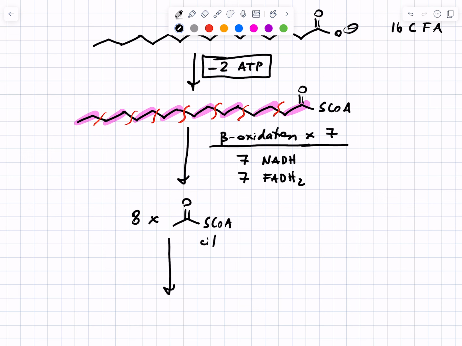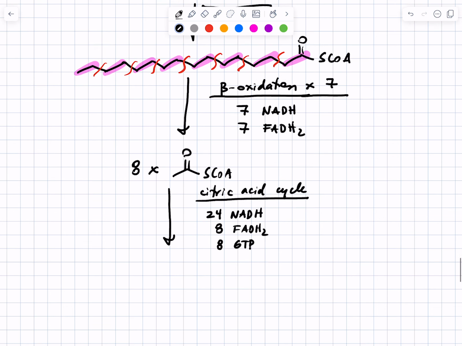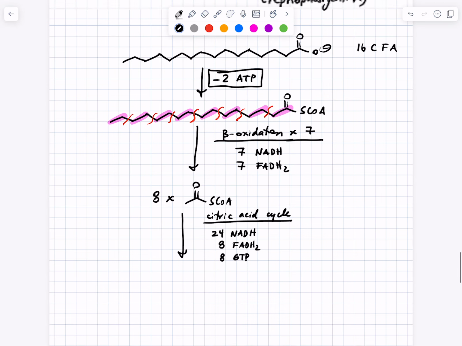Then, in the citric acid cycle, as you learned, each molecule of acetyl-CoA generates 3 NADHs, so 8 times through, that would be 24 NADHs. 8 times through would be 8 FADH2s and 8 GTPs. And with all of this, GTP we're going to say is equivalent to ATP.